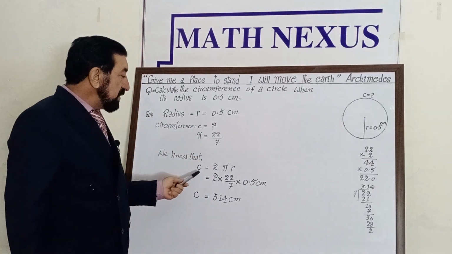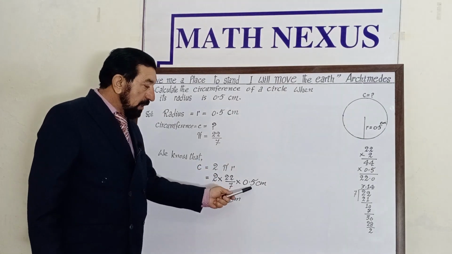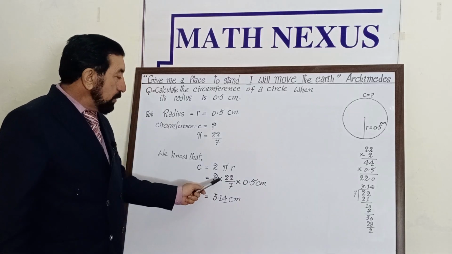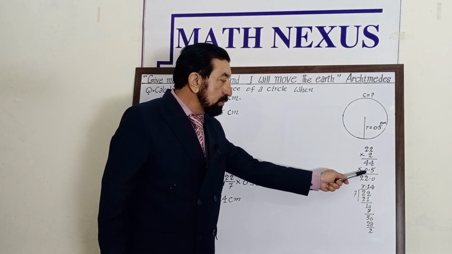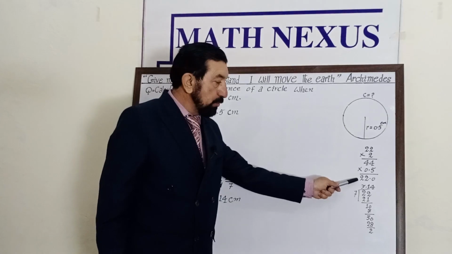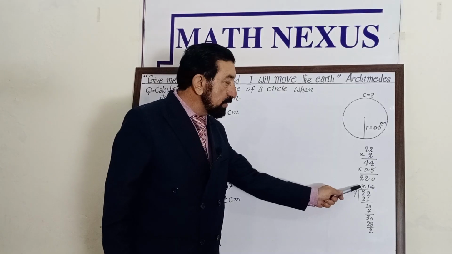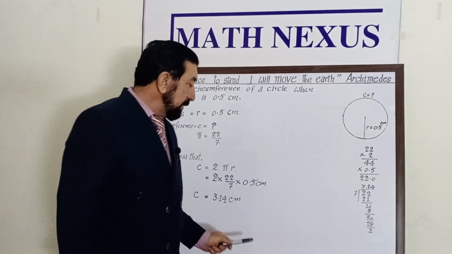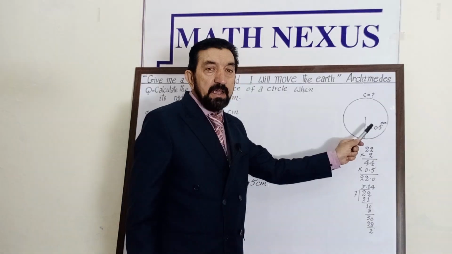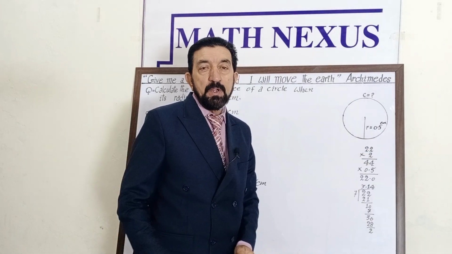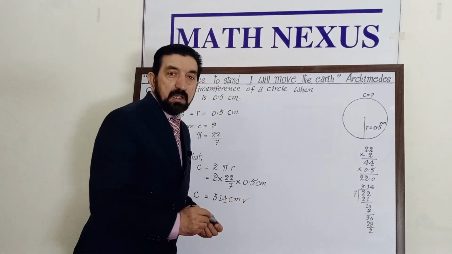We know that c equal to 2 pi r. 2 into 22 equal to 44, 44 into 0.5, this is equal to 22. 22 upon 7, this is equal to 3.14. 3.14 is the circumference of this circle having radius equal to 0.5 centimeter. This is the answer of the question.